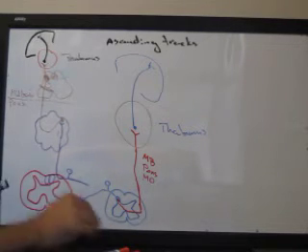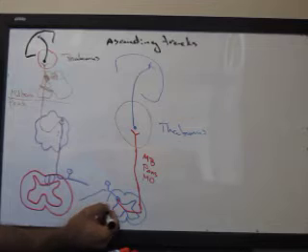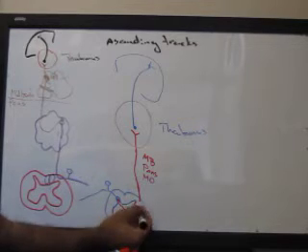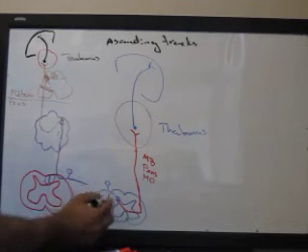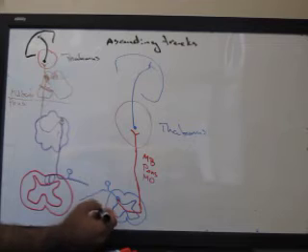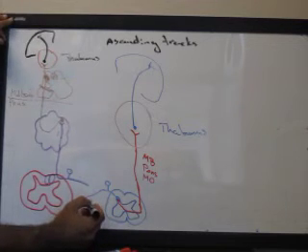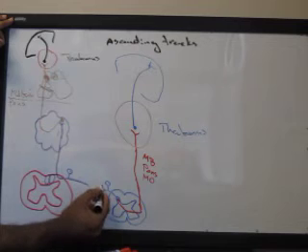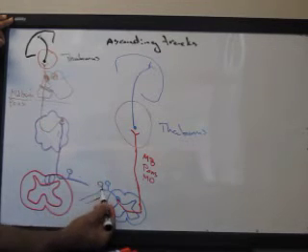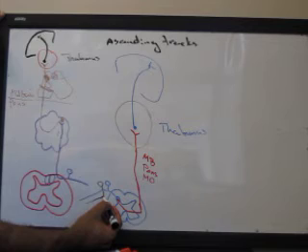So the crude sensation is also going to follow the same pathway. I'm just going to draw it on the other side, but you pretty much understand that what happens on the right also happens on the left. But if I draw it here, it will be too crowded. I can try to fit it in. So here we go. Again, it's a sensory neuron. So we agree that the cell body is sitting here, right, in the dorsal root ganglia.